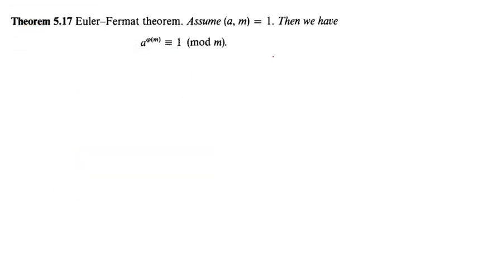Move on to the next theorem, the Euler-Fermat theorem. Assume GCD of a and m is 1, then we have a raised to phi of m congruent to 1 mod m. So we consider a reduced residue system. Let S equal a1, a2, etc., a phi of m be a reduced residue system modulo m. We consider the set.